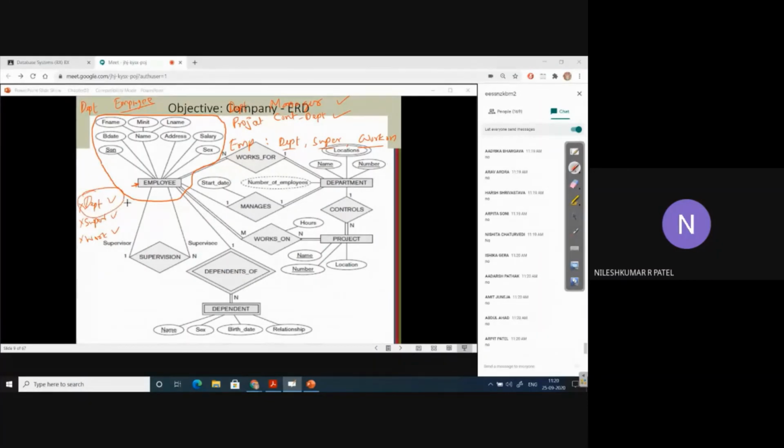For example, if an employee is working for a particular department, we will remove the attribute department from employee and represent that relationship like this. Sorry, this is works for, I was wrong here. So we have three things: department, works on, and supervisor.